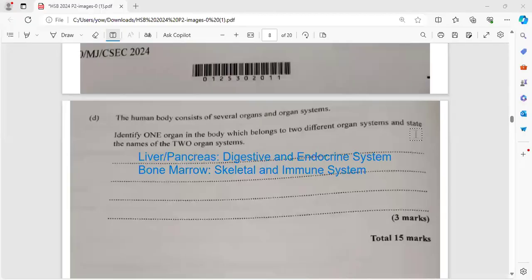So the liver in the endocrine system would be hormones. The liver produces different hormones. The pancreas also plays a role in the digestive system because the pancreas would have the pancreatic juice, which involves your pancreatic amylase, your trypsin, your maltase, etc. And the pancreas would also produce insulin.